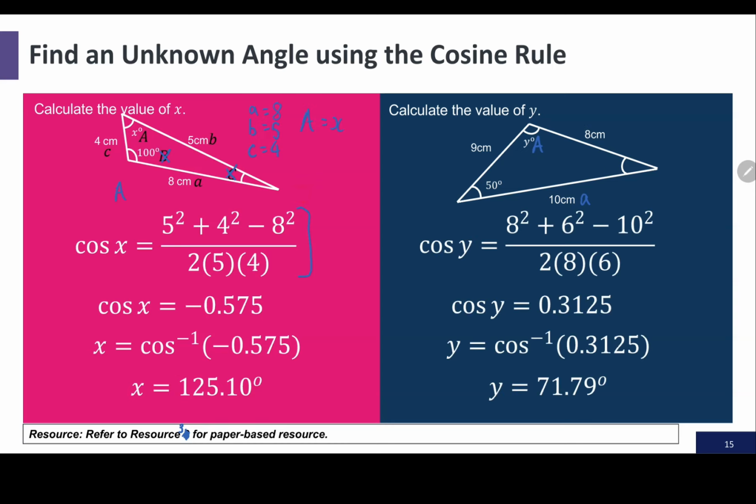So in this case, I've got B as 8 and C as 9. I've just had to make a small correction there. And there we go. There's the correct solution at 71.79 degrees.